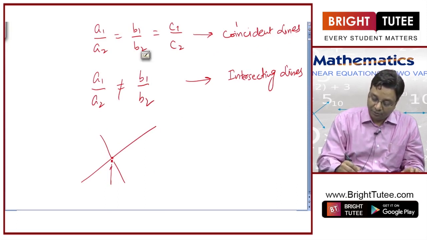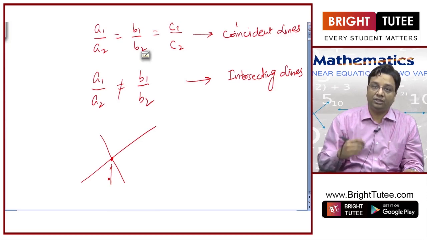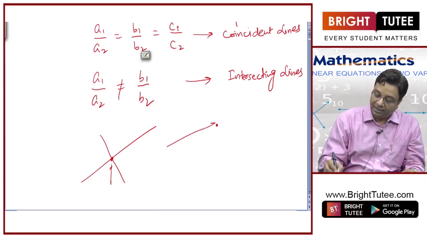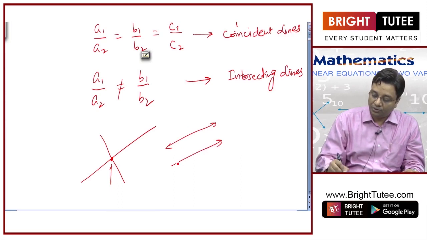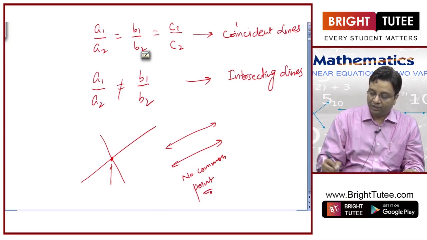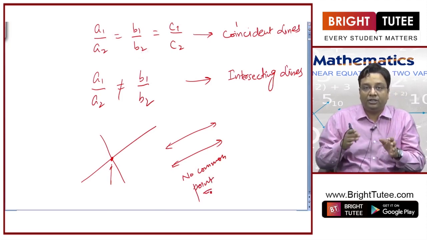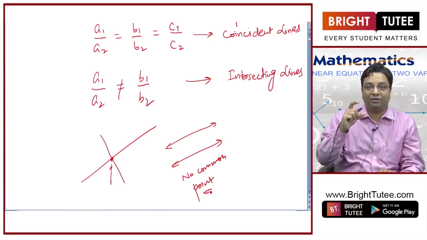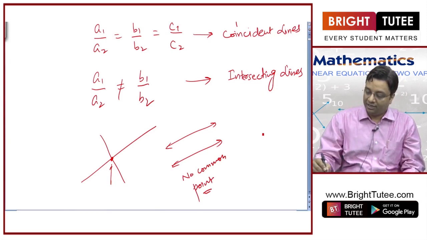This point will act as the solution for this pair of linear equations. In case of parallel lines, there was no common point. So we would say that there is no point which satisfies both the equations simultaneously. Hence, there is no solution for pair of linear equations.